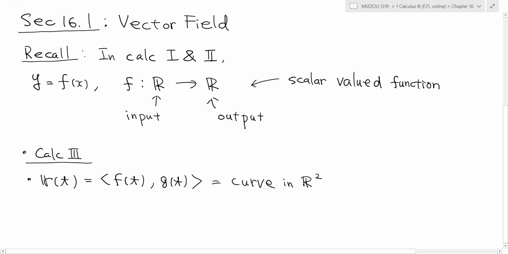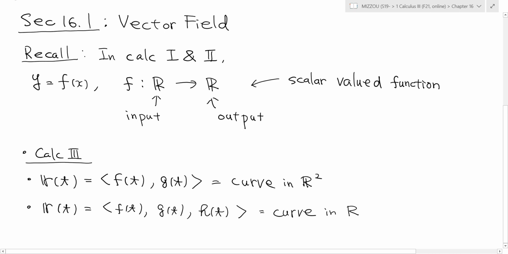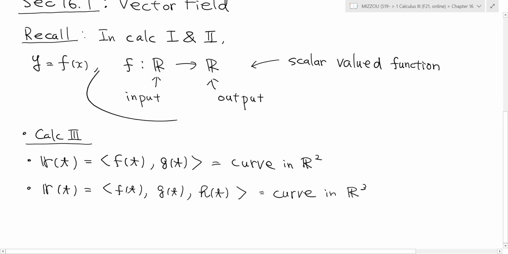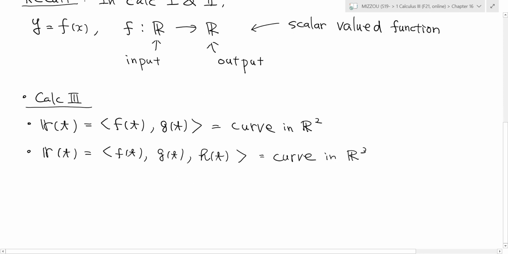It's called a plane curve. And also, more importantly, we have covered space curves: f of t, g of t, and h of t. This is a curve in R3. And from this point of view, those two can be written as follows.